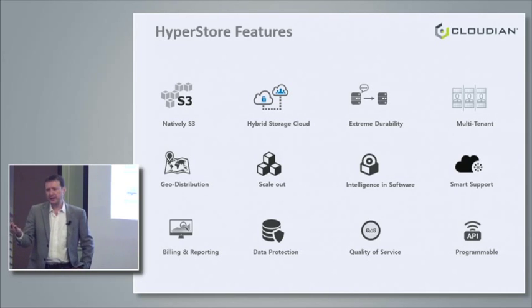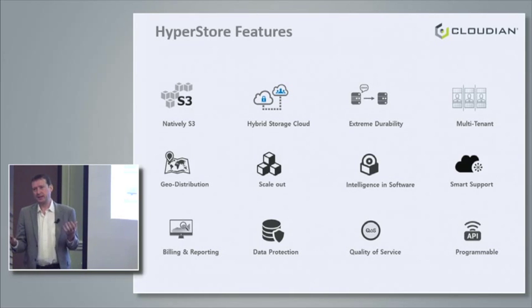So again, it's multi-tenancy. If you're going to have multi-tenants, it's a self-service, multi-tenant cloud platform that you can deploy in your data center. If you're going to have that, you've got to have the ability to control those groups of users. So you've got to have quality of service built into it, and you've got to be able to do chargeback policies as well, or cost awareness, at least cost allocation.